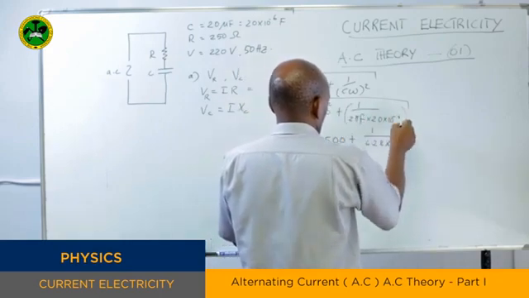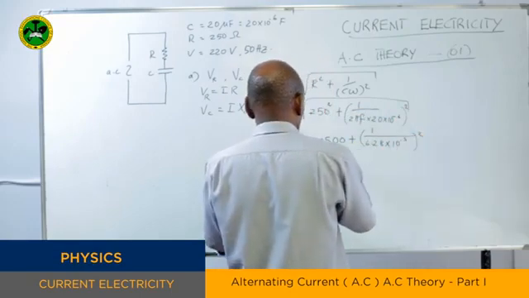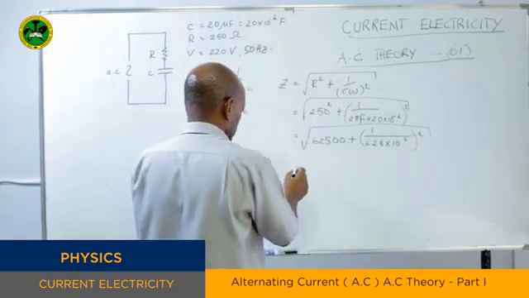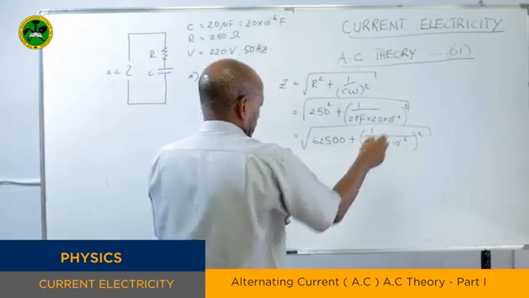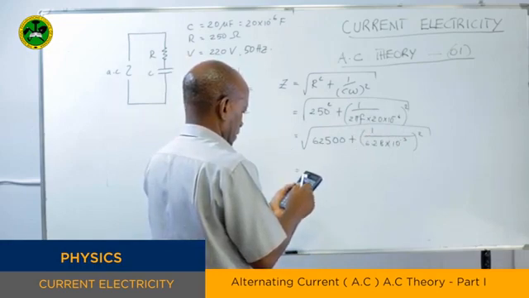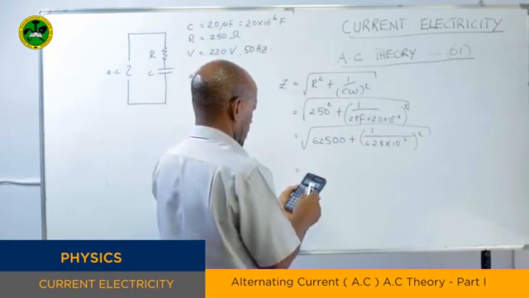Now remember, we have to square this so that we can take the square root of the total.